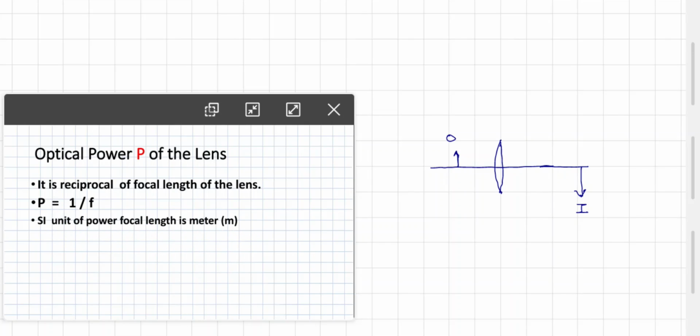So obviously optical power is given by 1 over m, that is meter inverse, and the unit has been assigned the name diopter. So the unit of power is diopter, and it is nothing but 1 over m, or meter inverse.